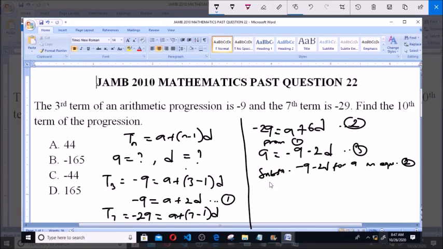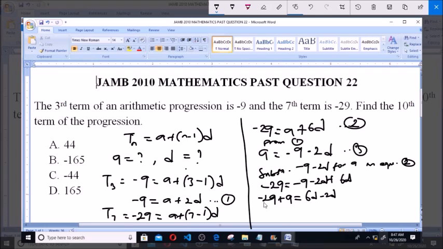So we have minus 29 is equals to, now whenever we see A in equation 2, we put minus 9 minus 2D, plus 6D. So we have minus 29 plus 9 is equals to 6D minus 2D.